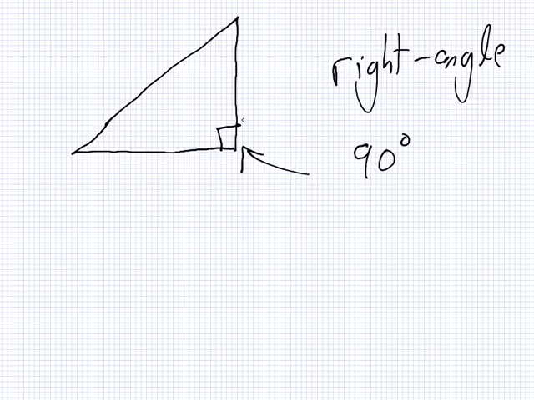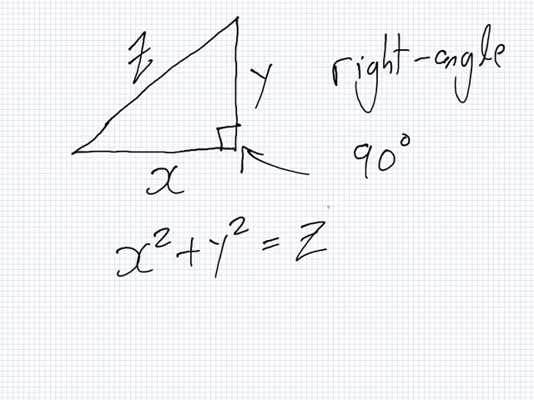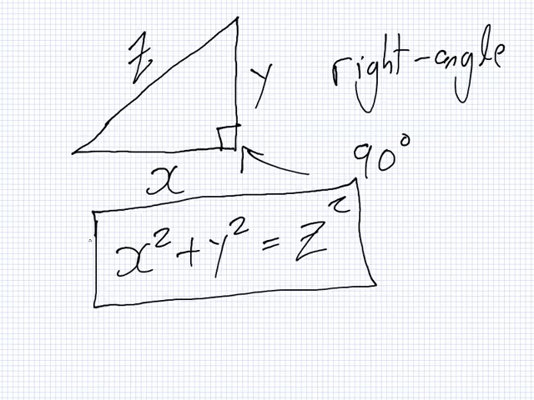When you have this type of triangle, if I call, for example, this x and this y and this z, there's actually a simple relationship between the three. It's that x squared plus y squared should equal z squared. This is actually called Pythagoras Theorem, and it's something that you've all learned already in middle school.